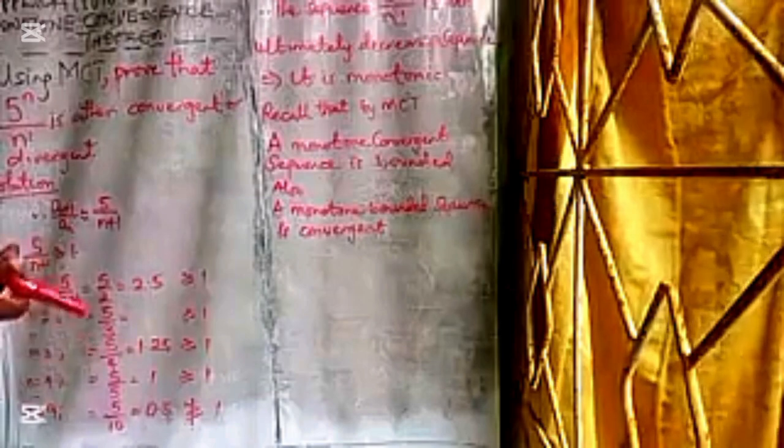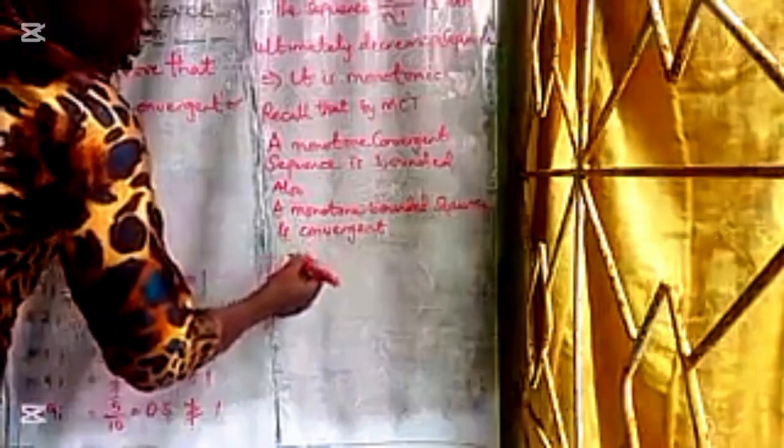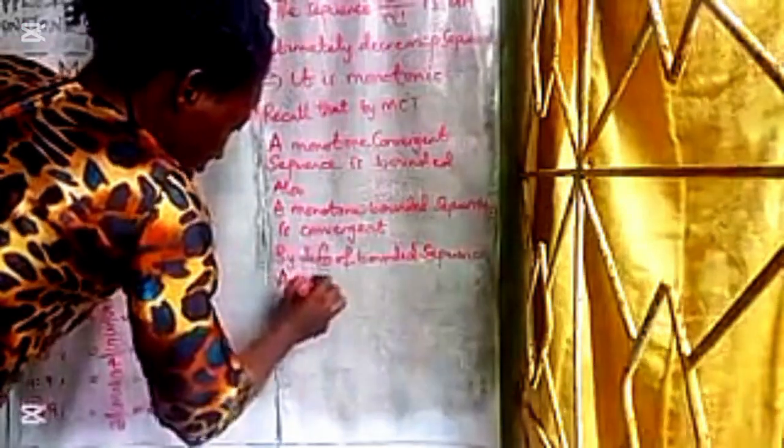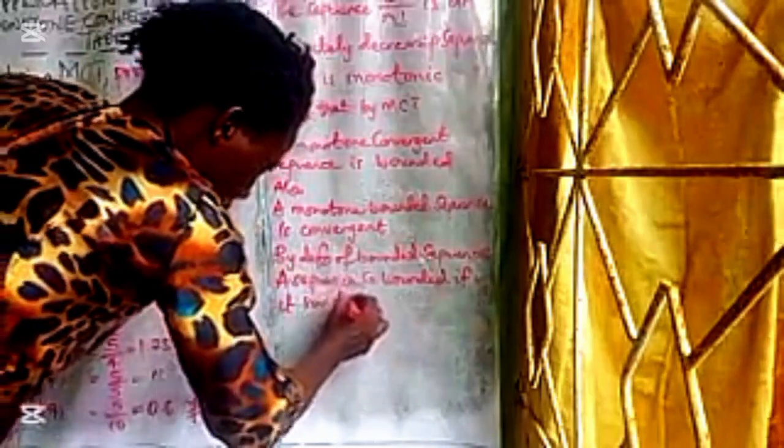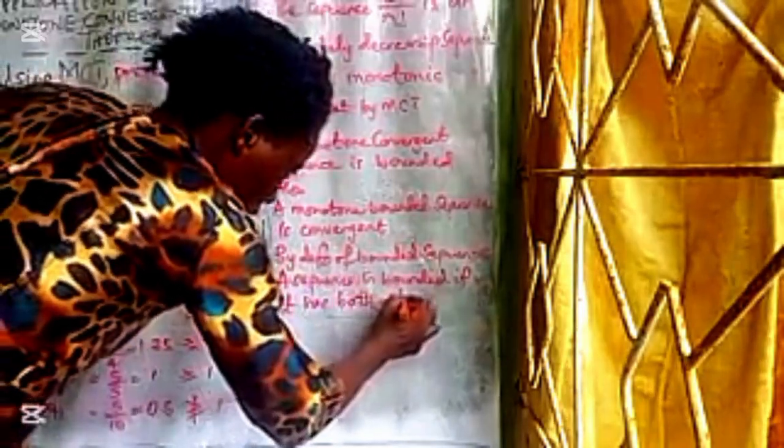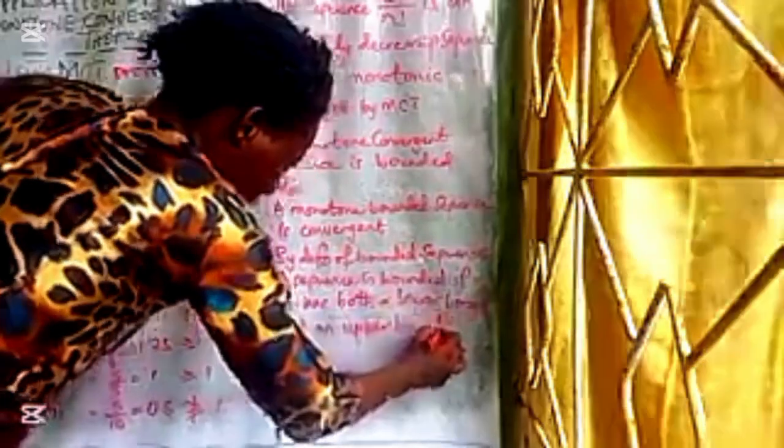We have been able to show that it is monotonic. The next thing is to show that it is bounded. By definition of a bounded sequence, a sequence is bounded if it has both a lower bound and an upper bound.